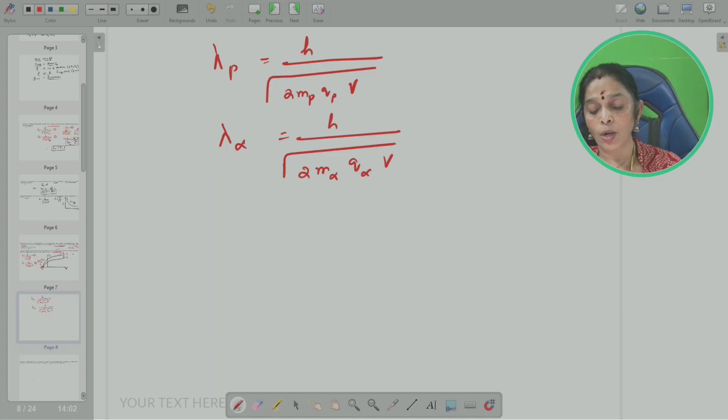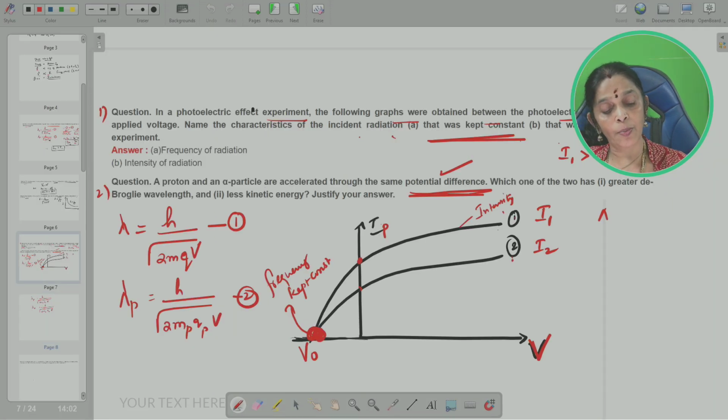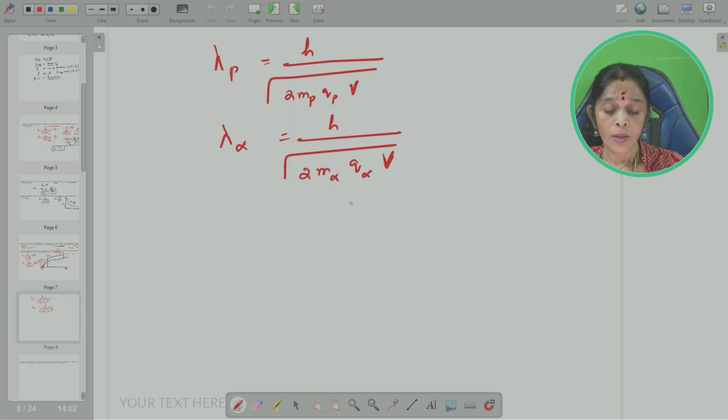So, here what is given? V is the same. Which one has greater de Broglie wavelength? Now, lambda p by lambda alpha is equal to the square root of m alpha q alpha divided by mp into qp.